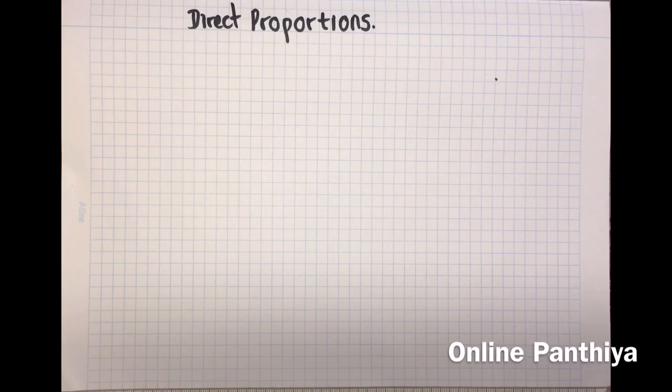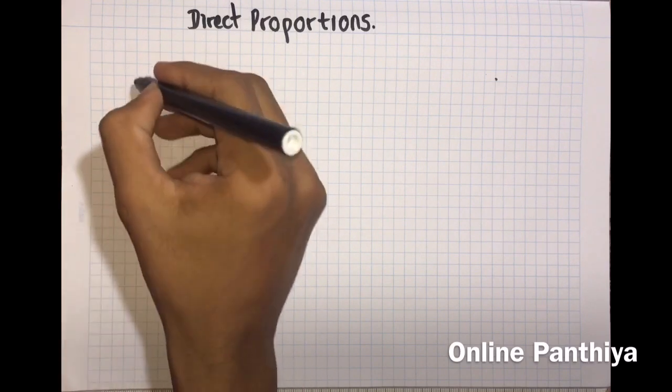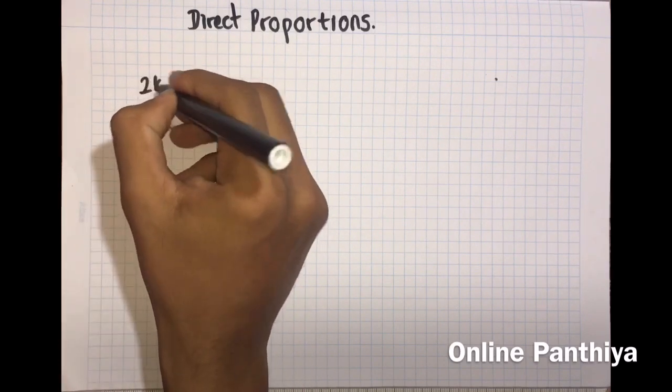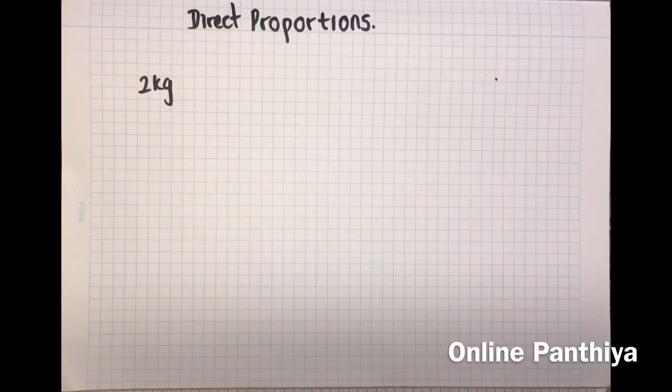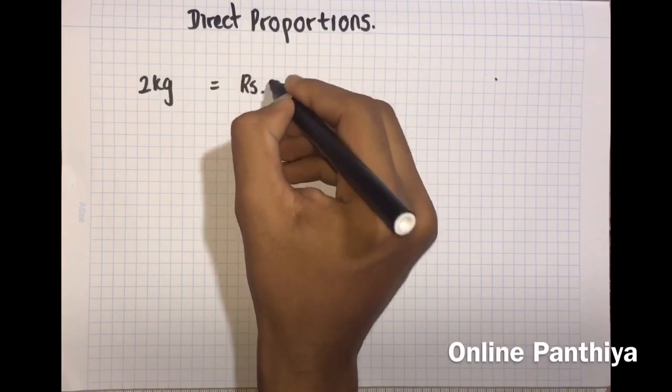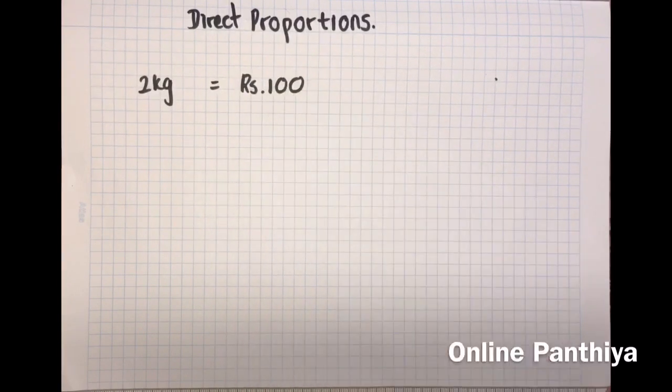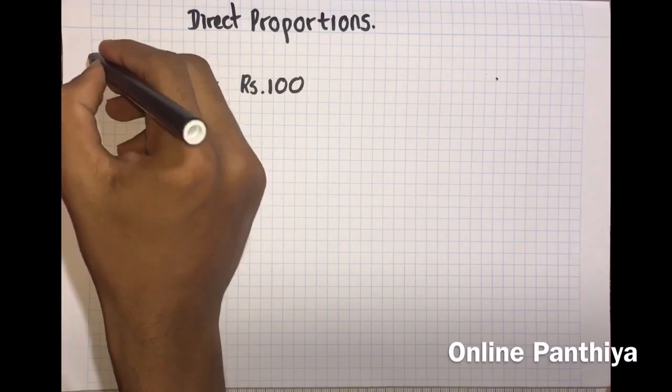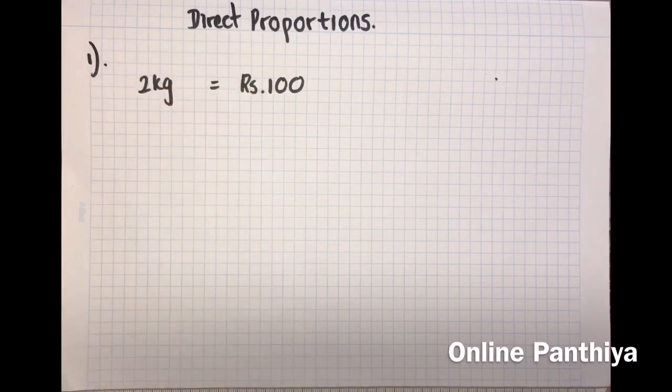Okay, so let us check what this is. Direct proportion means something to do with increasing or decreasing. Say you buy 2 kilograms of sugar, and the amount is equal to 100 rupees.